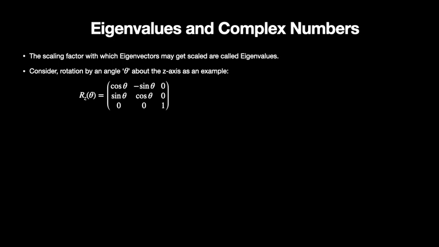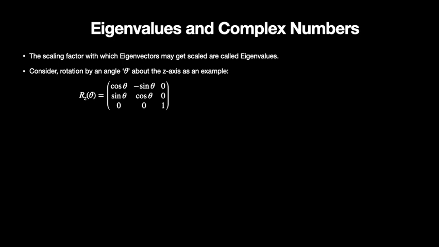This is again in the basis where the x unit vector is represented by the column vector (1, 0, 0), the y unit vector by (0, 1, 0), and the unit vector along the z-axis by (0, 0, 1).